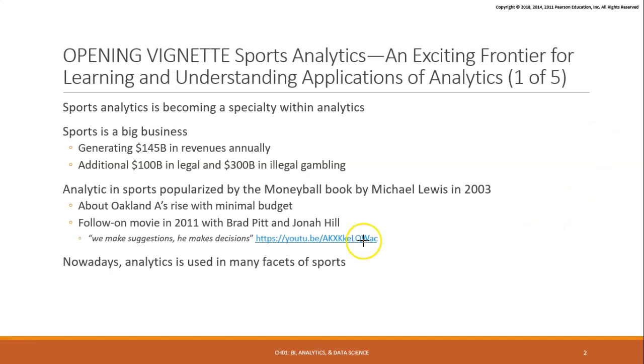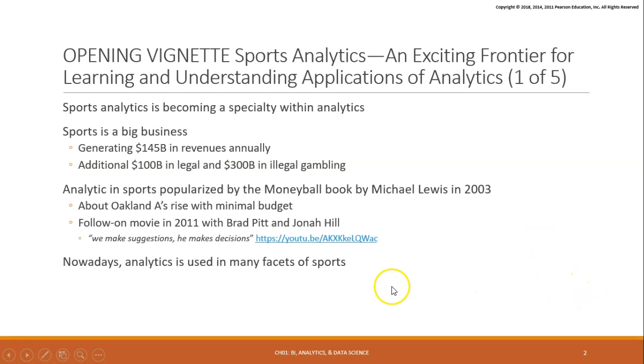And you can click on this link right here and go watch a brief moment of the video that kind of shows where Brad Pitt starts to take a look at numbers and the analytics of players more than the, I guess, qualitative soft features of players. And he has a discussion with his scouts about who he should pick, and it's a very interesting moment in the movie. And if that little amount interests you, I do recommend watching the whole movie. It's a pretty good movie.